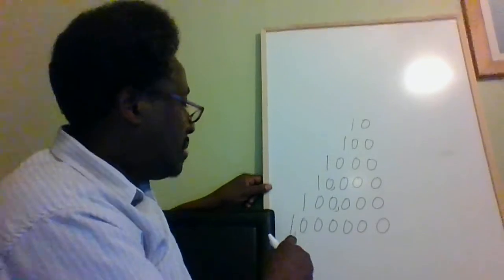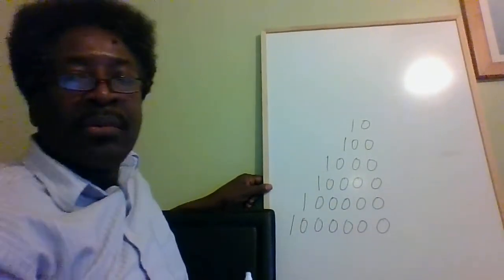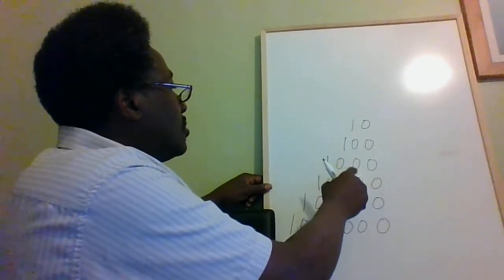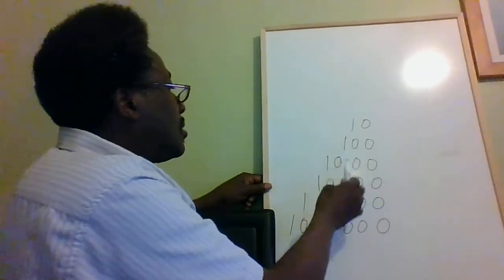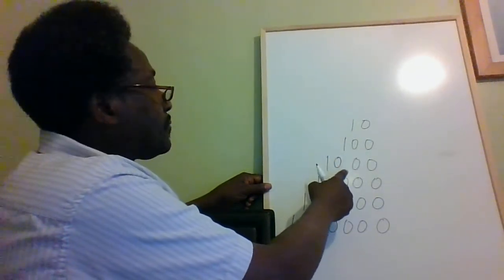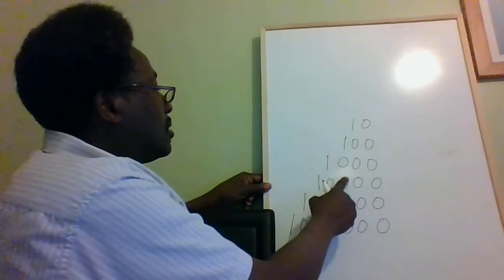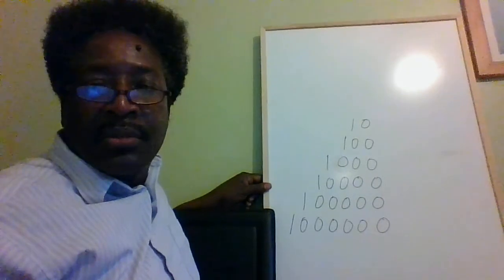Let's leave out all the commas. The best thing to do is to put a space. For 10,000, you can put a space.